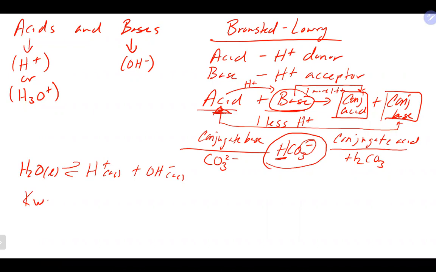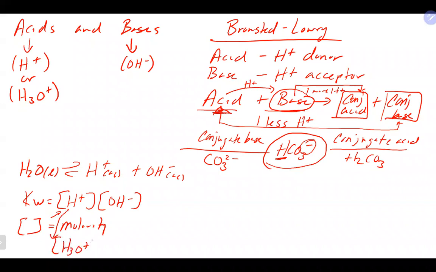Kw is the equilibrium constant for water, and it is the concentration of H plus times the concentration of OH minus. This is usually molarity. When we see that concentration, that is molarity. We can also substitute H3O plus in any formula, so it is the same thing. And that would equal 1 times 10 to the minus 14.